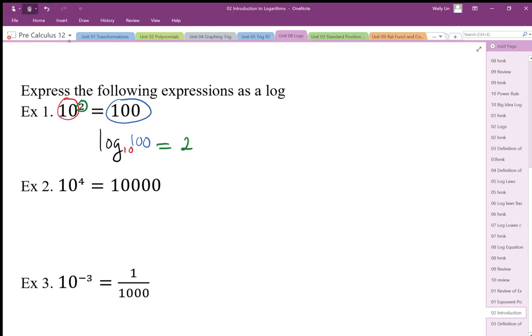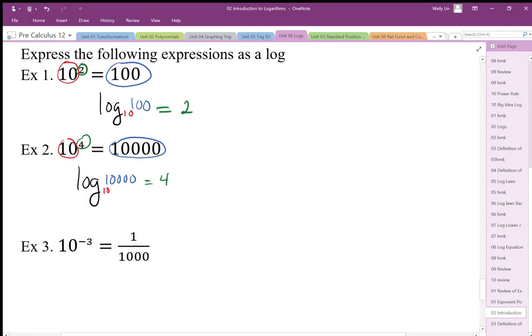So we'll do the same thing here. Write the log. The base of the log is the base of the exponent. My log, the output, or what the log equals, is always the exponent. And then the input is what we call an argument, and that's what came out of the exponent.